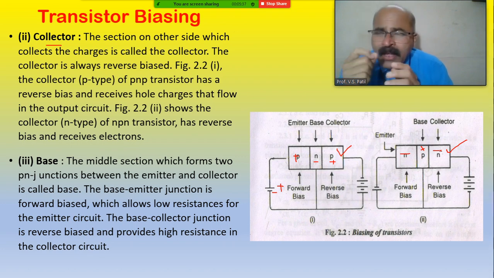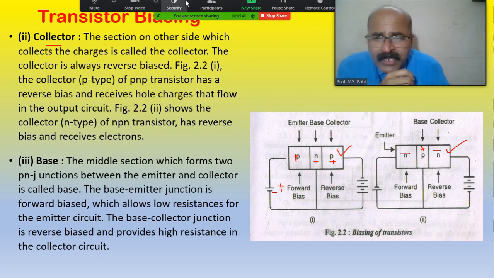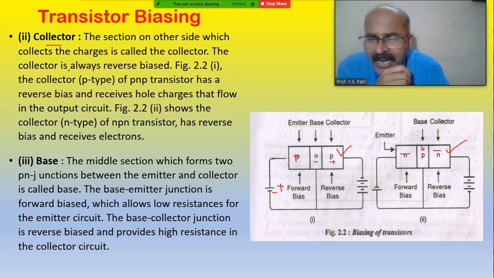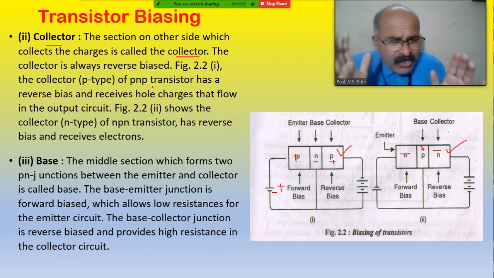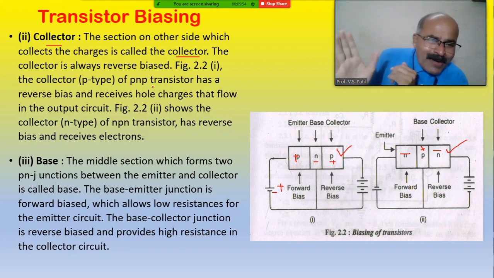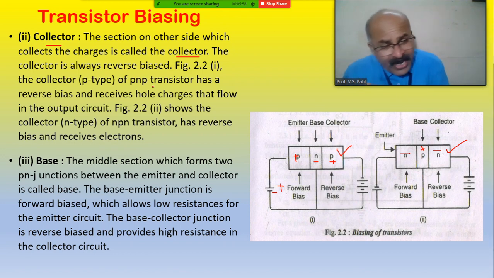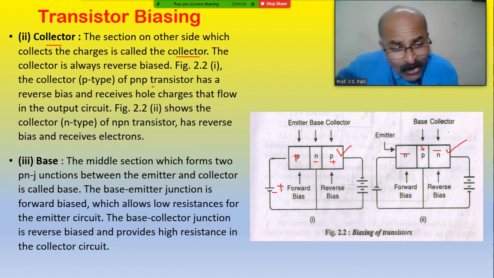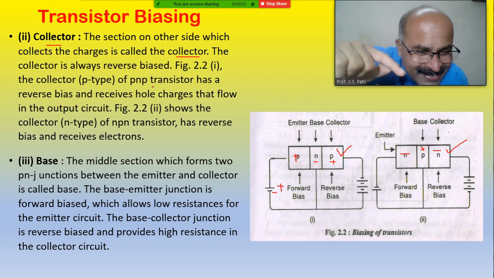Okay. In the collector section, the section on the other side which collects the charges is called the collector. It is always reverse biased in both PNP and NPN transistors, in both biasing methods. That is, the input junction is forward biased, the output junction is reverse biased. The output junction has the collector, the input junction has the emitter. The emitter is forward biased and the collector is reverse biased.